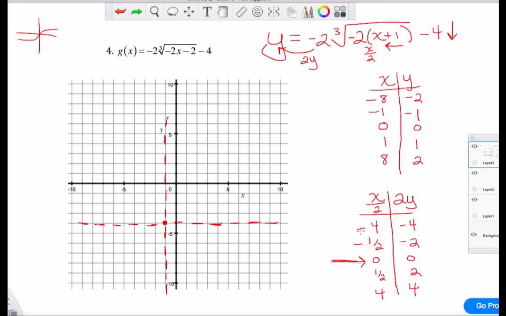So I'll show you on the ordered pairs. If I am going to reflect over the y-axis, which is this negative right here, what that technically does is flip all my y. So that becomes plus, plus, minus, minus. And the negative that's on the inside is going to reflect my x's over the y-axis. So that flips all the signs of your x's.